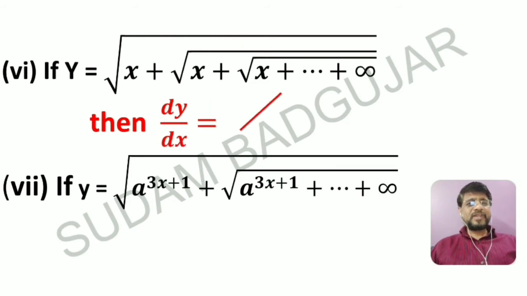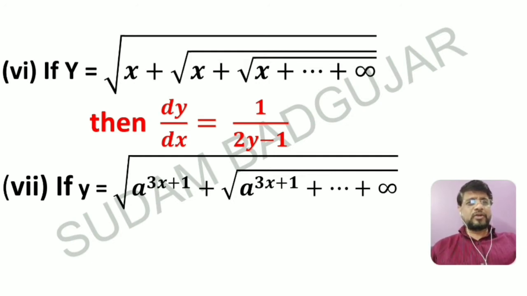And the solution for the 7th is, see, the derivative of a raised to x. What is the derivative of a raised to x? A raised to x into log a. If the power is not x, then for the derivative of a raised to f of x, you have to apply the formula: the derivative of a raised to f of x is equal to a raised to f of x into log a into the derivative of the power.